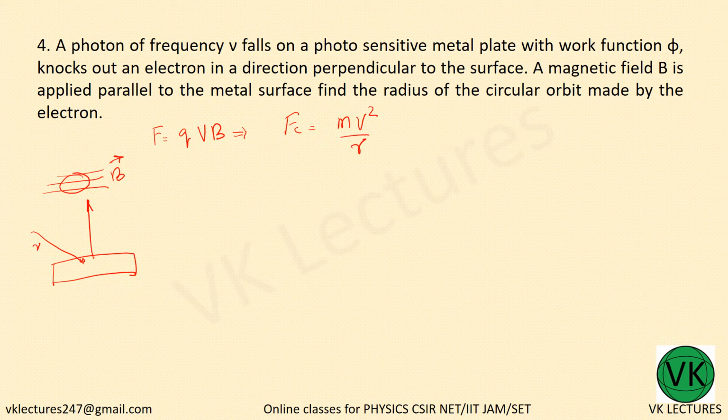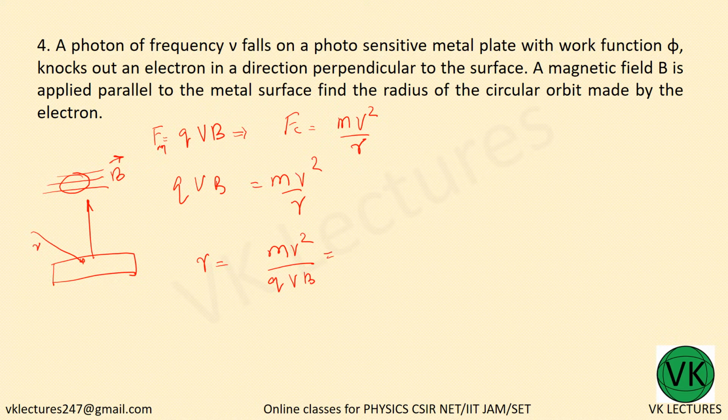Alright. So this F magnetic should be equal to Fc. So QVB is equal to mv square by r. The question is, what is r? So we can write r is equal to mv square divided by QVB.